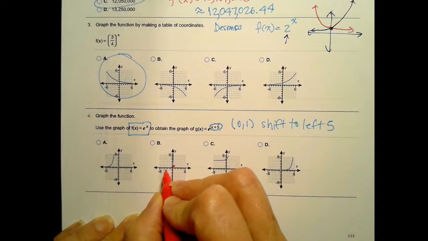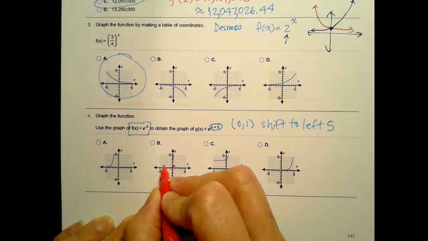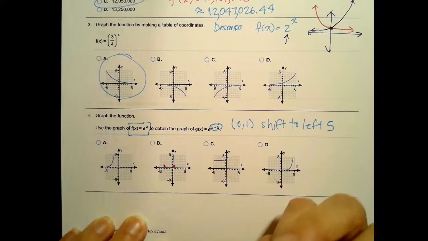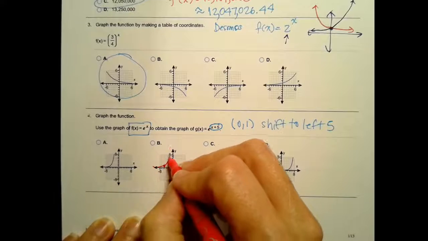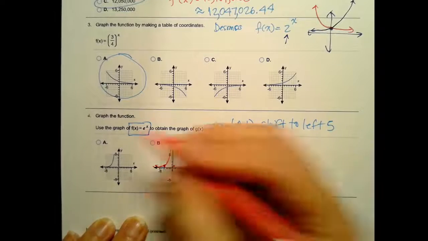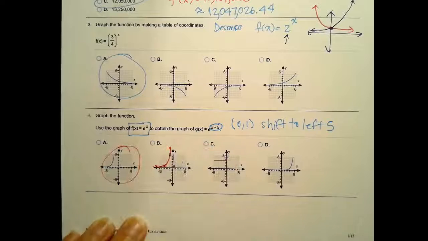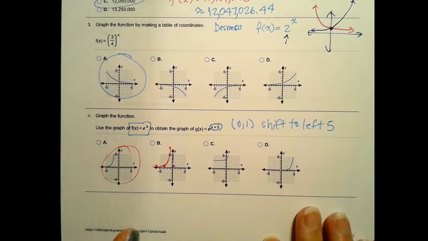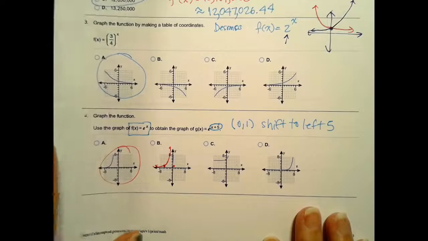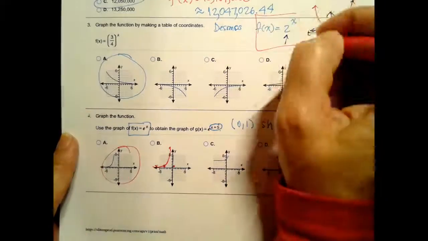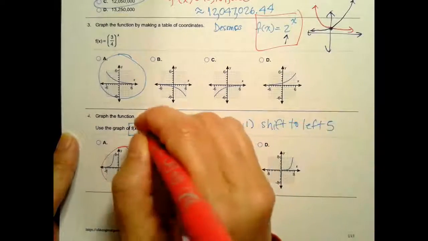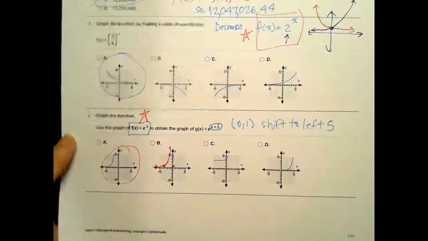So I'm looking for the graph that goes through the point right here, and it's going to look the same because nothing else has changed. And so the answer would be A. You're going to have to go back and remember all these graphs and kind of what they look like. Make yourself a note card.